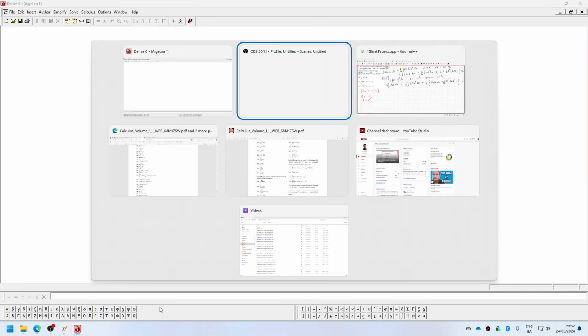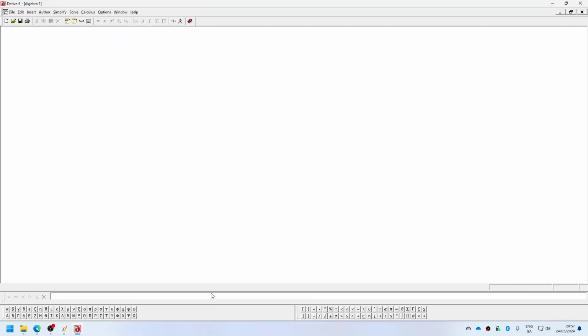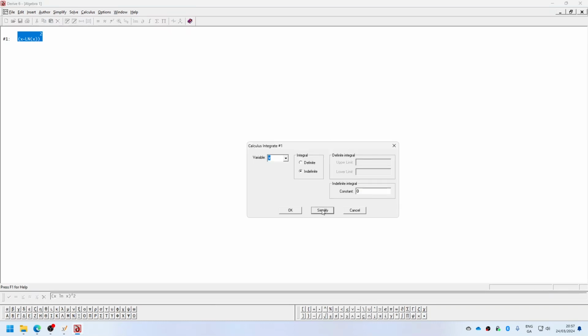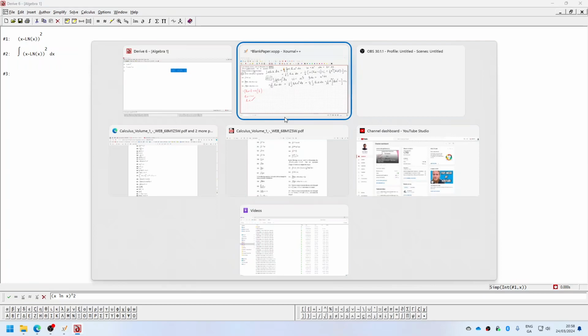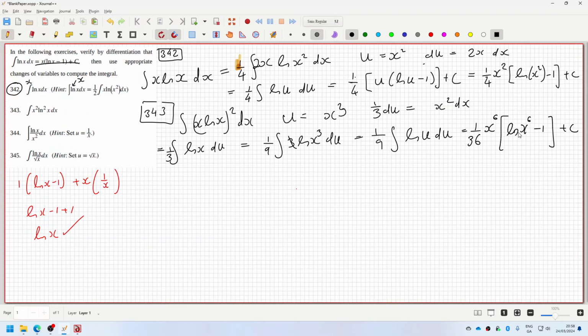So it's the integration of x squared log x. So x cubed log x over 3. Oh, it's my mistake. It is my mistake for sure. Okay. I'm off by the power of 2.